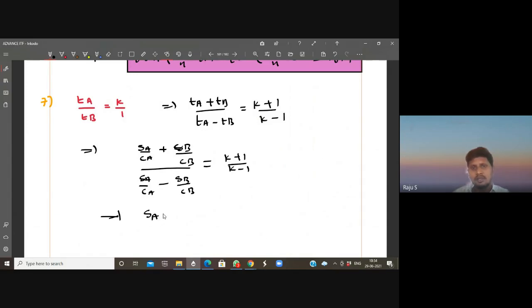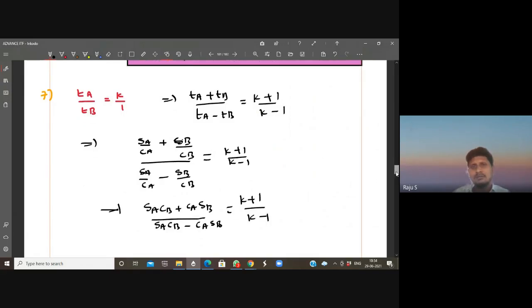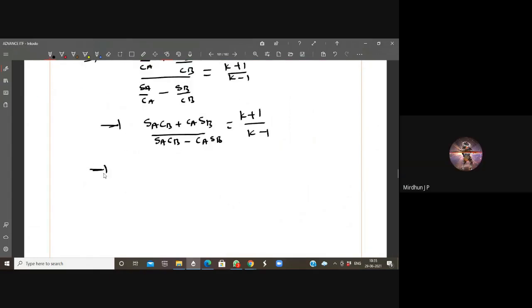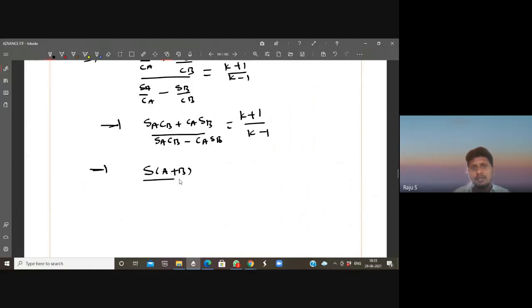Finally, sin A cos B plus cos A sin B we are getting in the numerator, and in the denominator sin A cos B minus cos A sin B, is equal to k plus 1 by k minus 1. Anyone can say what the numerator is? The sine of A plus B by the sine of A minus B.